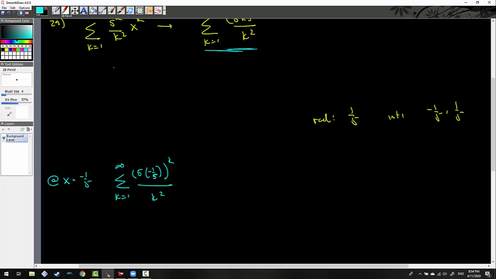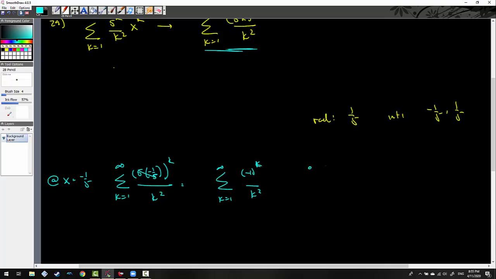And now from here you can cancel them out, and you're going to get the summation from k equals 1 to infinity of negative 1 to the k over k squared. A couple of different things you could do here. You could use the alternating series test, or you could compare it to a p-series. It's completely up to you. I would probably just use the alternating series test because it's alternating.